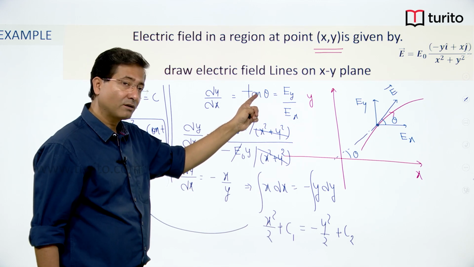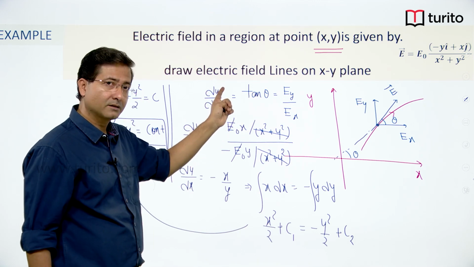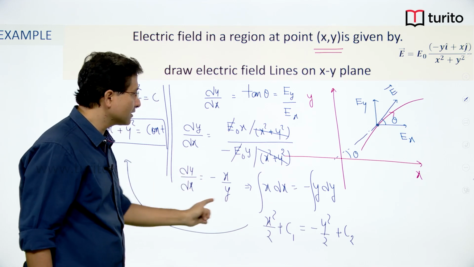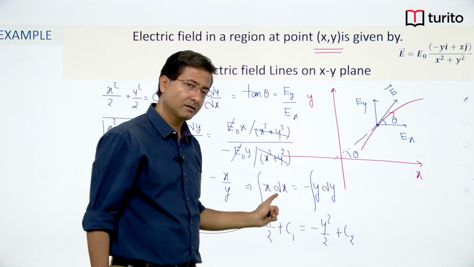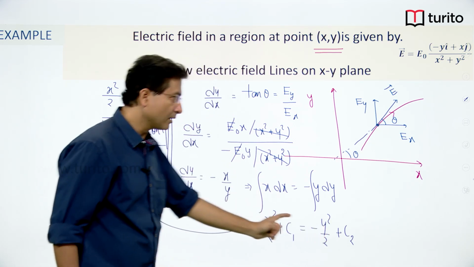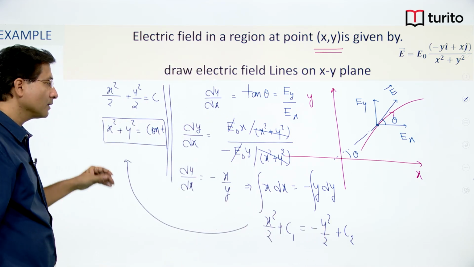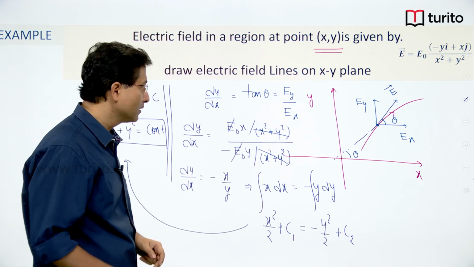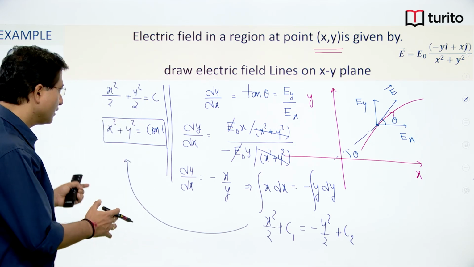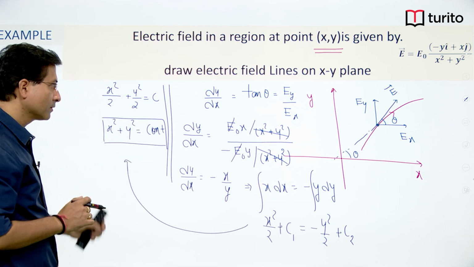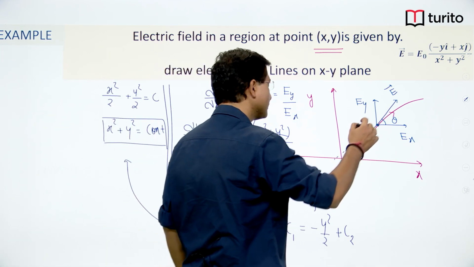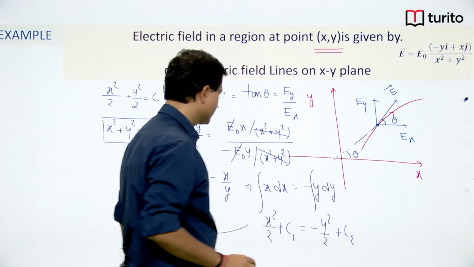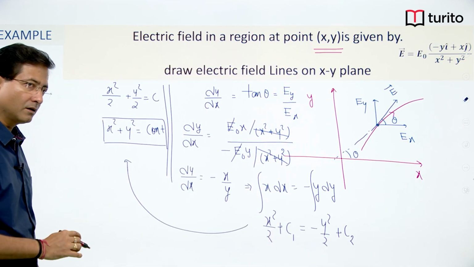Tan theta on the xy plane is nothing but dy by dx, right. So, simplifying this one and integrating, I finally got this relation. This is the equation of a circle, right. Now, I have to draw this. So, I will erase all.